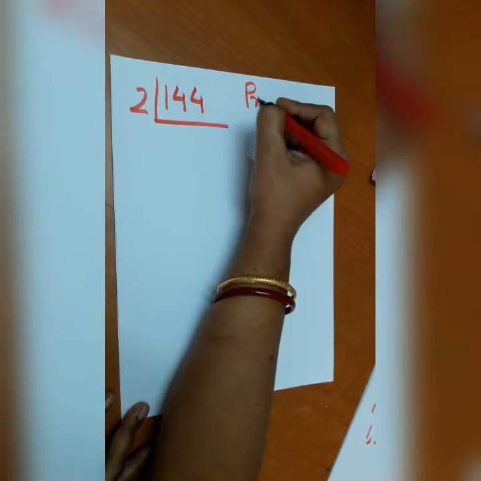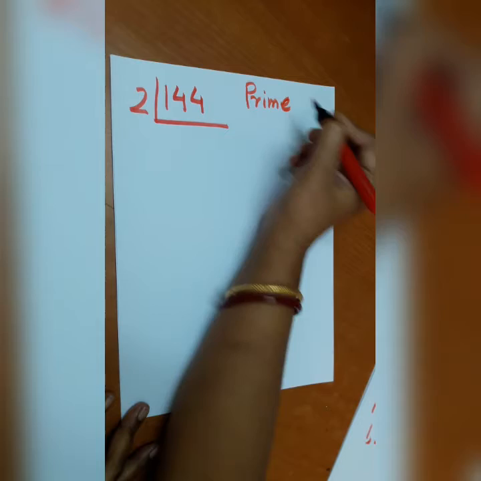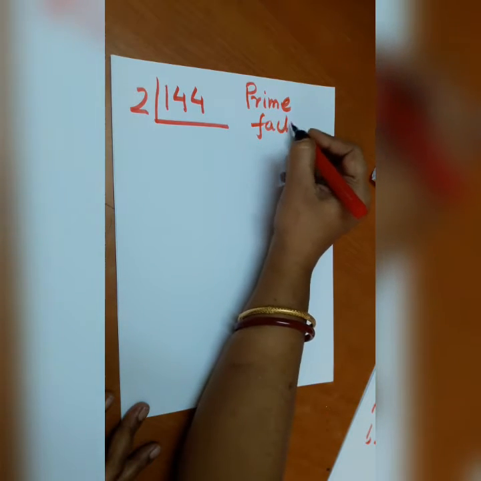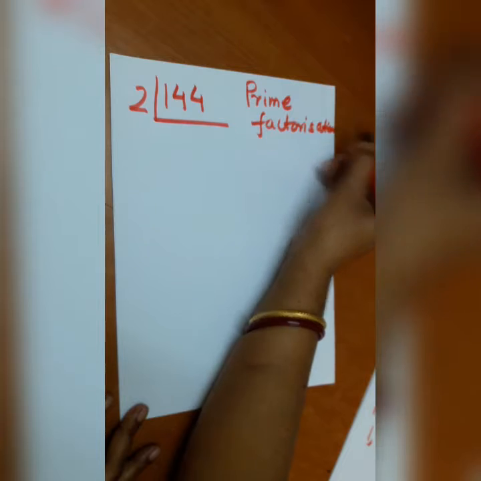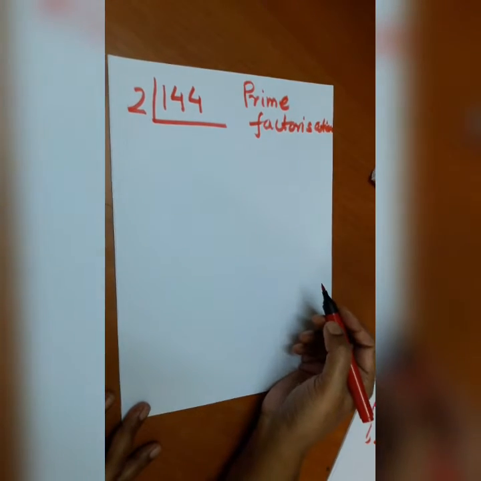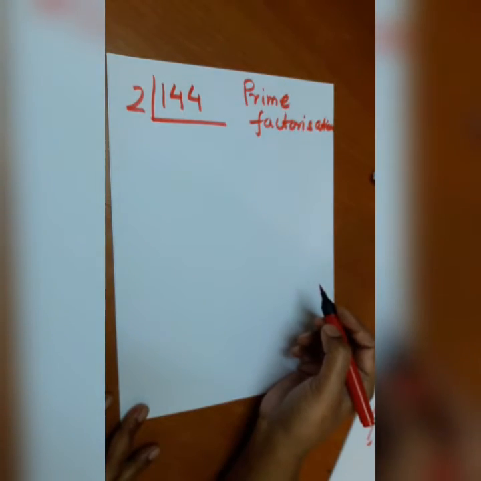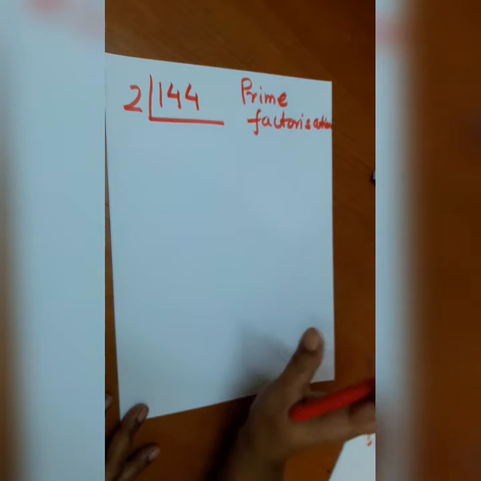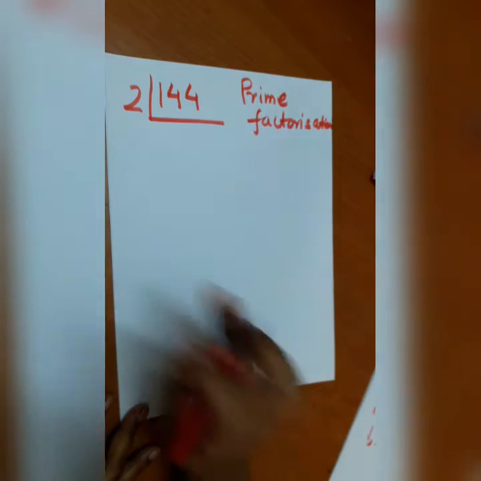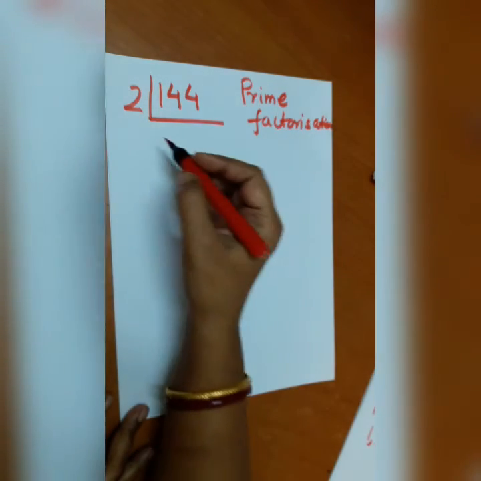So this can be called prime factorization. That is, we are trying to find out factors, mainly prime factors. Now what are prime factors and what are factors? There is a difference. I will tell you that. First let me finish this off.